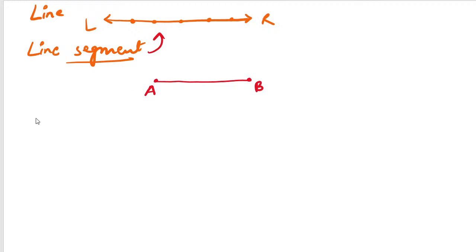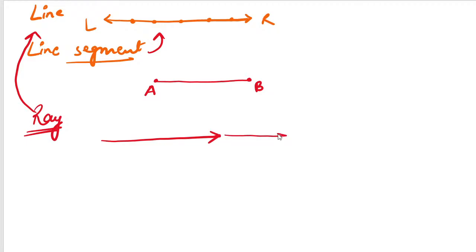Now what is a ray? A ray is also a part of a line, but it has only one end point and it can go endlessly in one direction only.